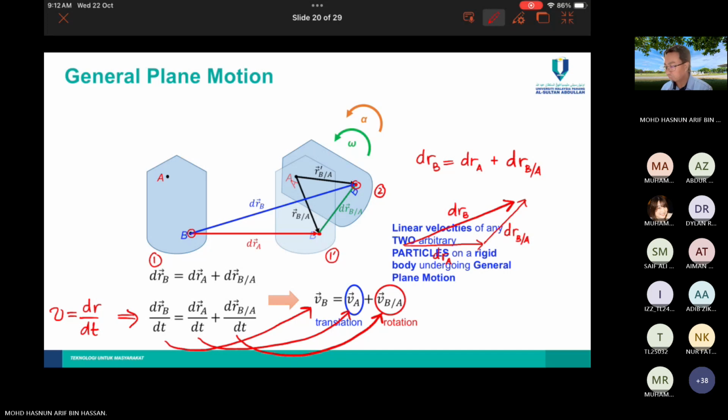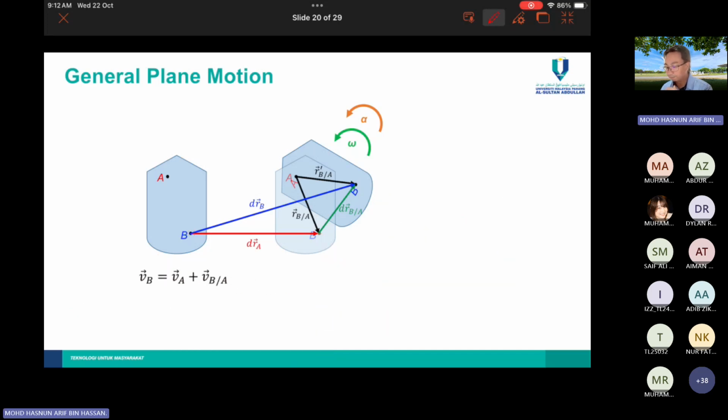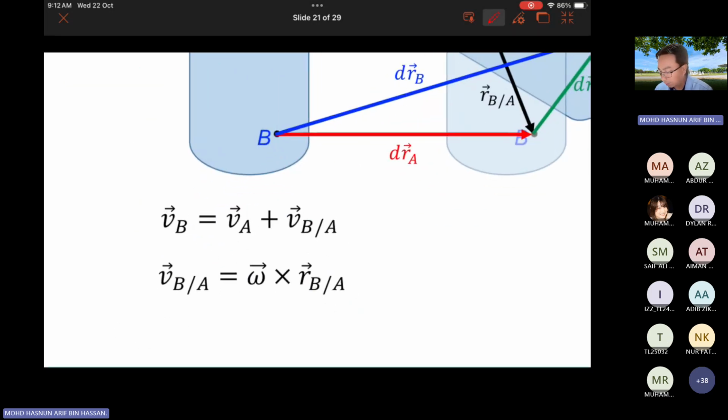So from here, vB is equal to vA plus vB/A. Now let's zoom in. This is the translation component. This is the rotation component. vB/A is the rotation component.